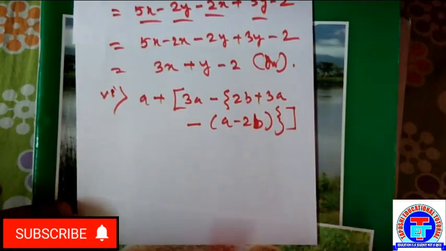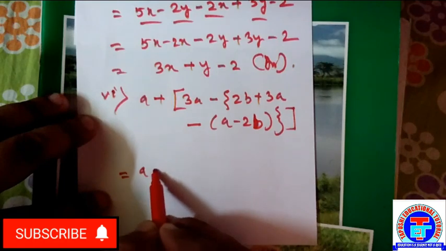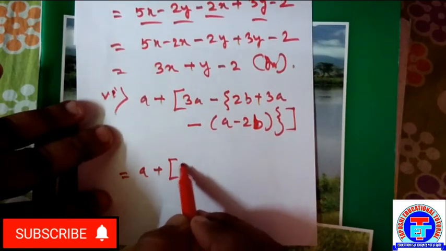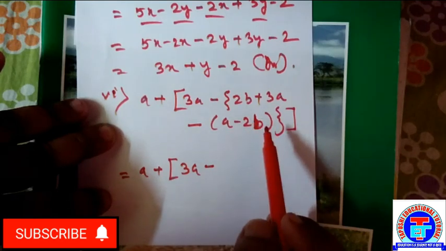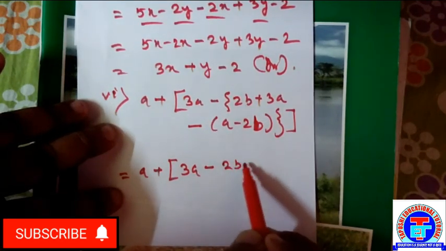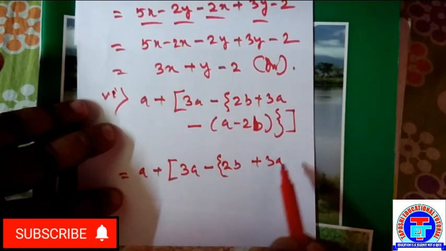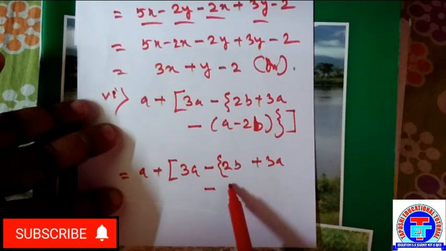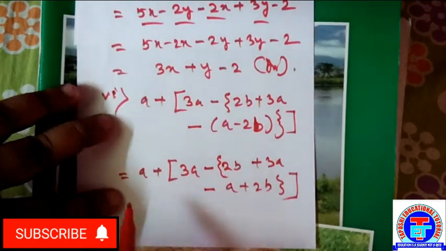Okay student, now how to solve this problem? So first we write a plus third bracket, 3a minus 2b plus 3a minus a plus 2b, curly bracket, this one.